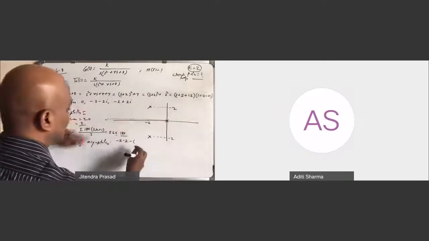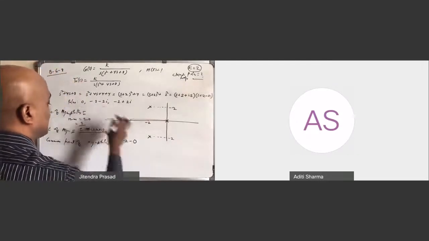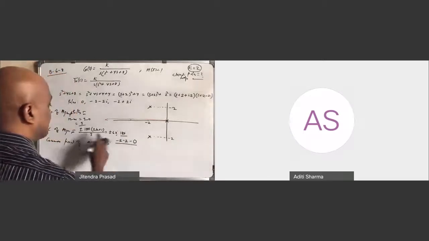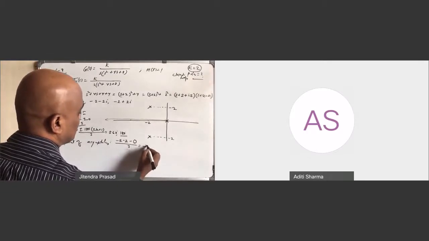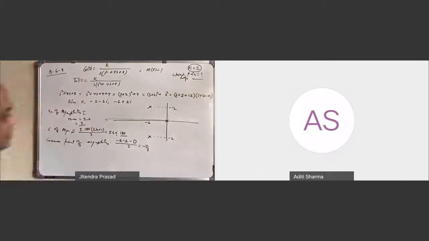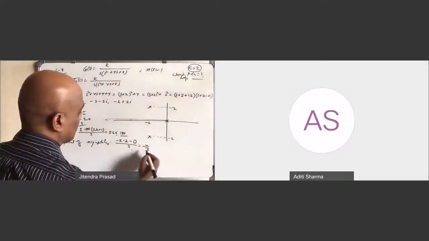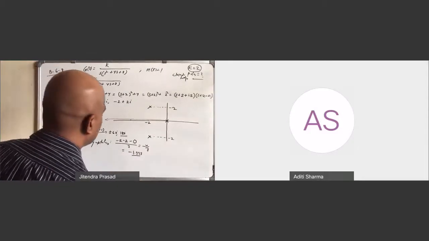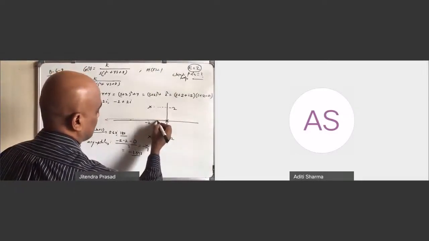All are poles only, so minus 2 minus 2 minus 0, divided by 3. So we get minus 4/3, which is equal to minus 1.333.